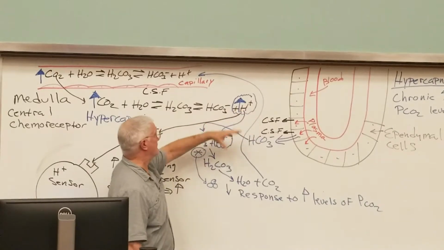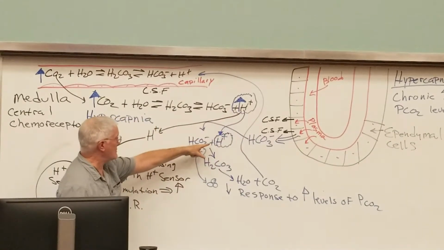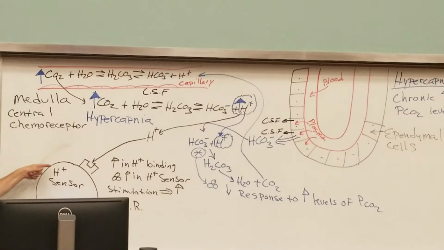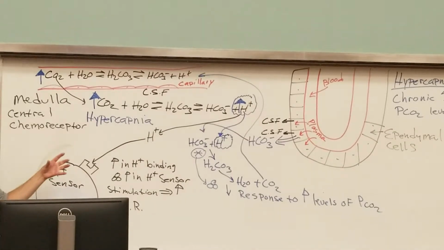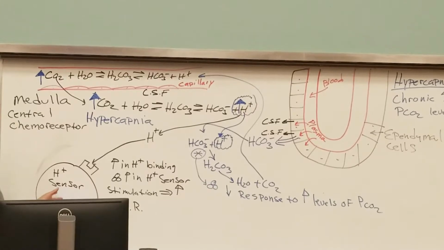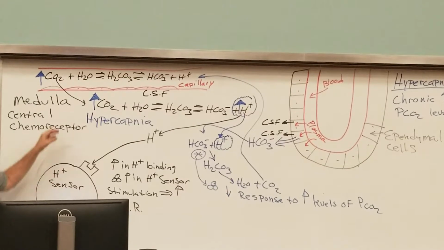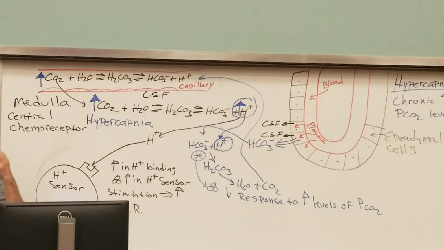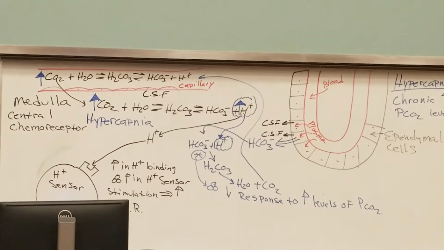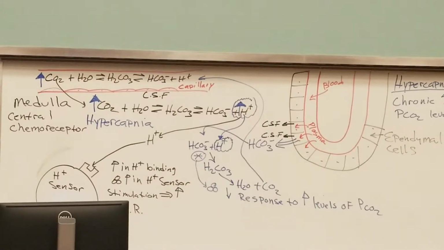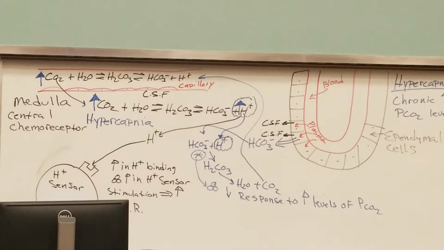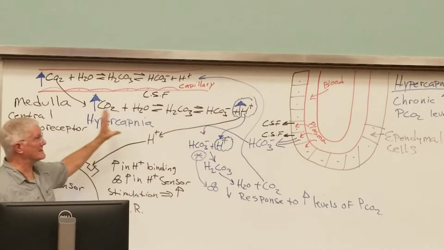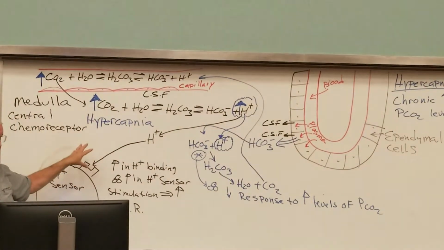It won't do all of them, but those that it does, those hydrogen ions won't be able to go to a hydrogen ion sensor. So you're getting fewer signals to cause you to breathe faster. So what you get is someone with high levels of CO2 and lower than normal respiration rates, because they have not yet fully acclimated to high altitude. So normally they give you oxygen to supplement your inability to physiologically respond to the increase in CO2.